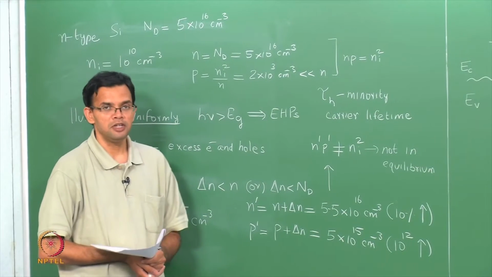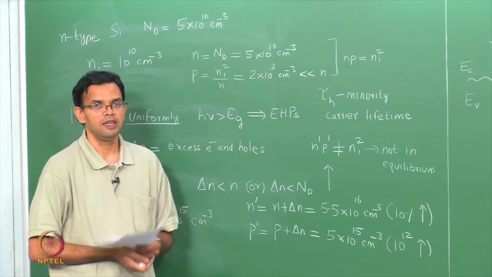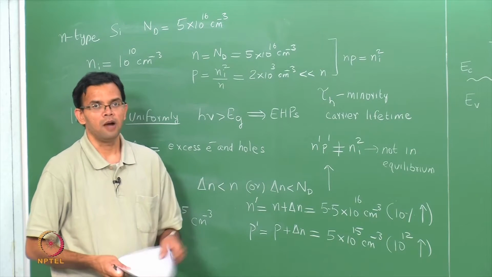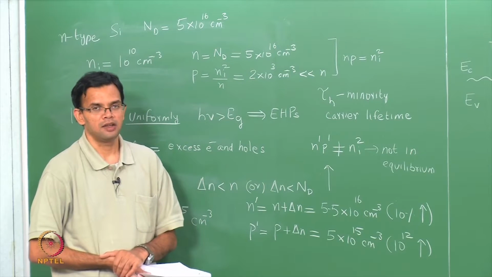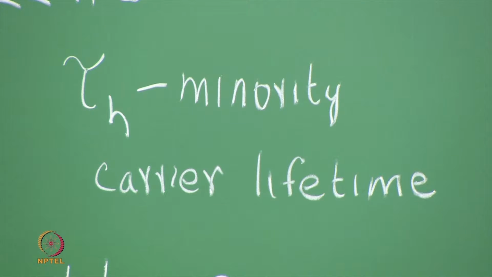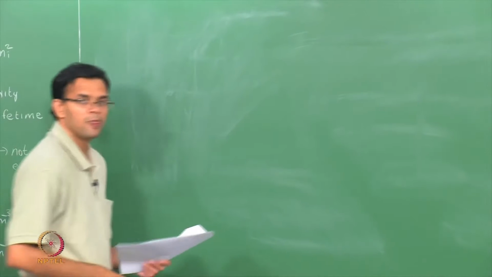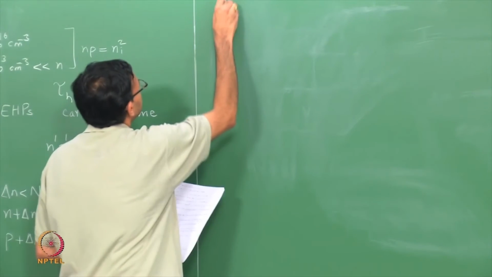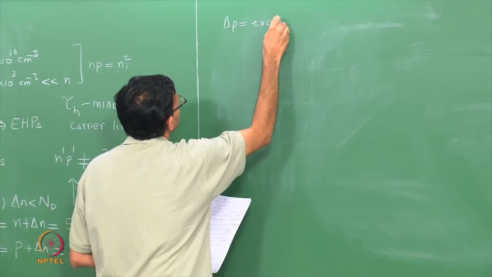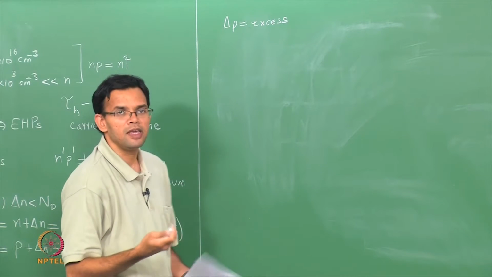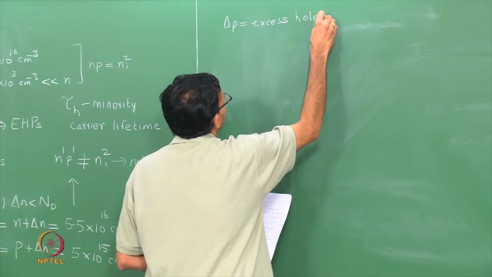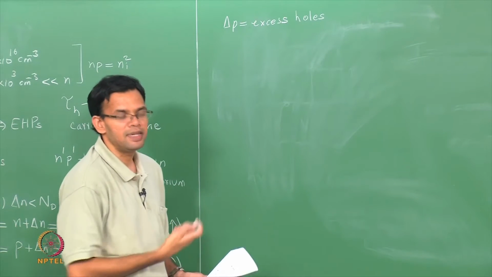So, it is possible to write an equation where we link the excess carriers that are generated to the amount of electron hole pairs that are created and the amount that is lost to recombination. So, let delta p be the excess holes. We are still looking at an n type semiconductor, but if you are looking at a p type, then it will just be delta n.